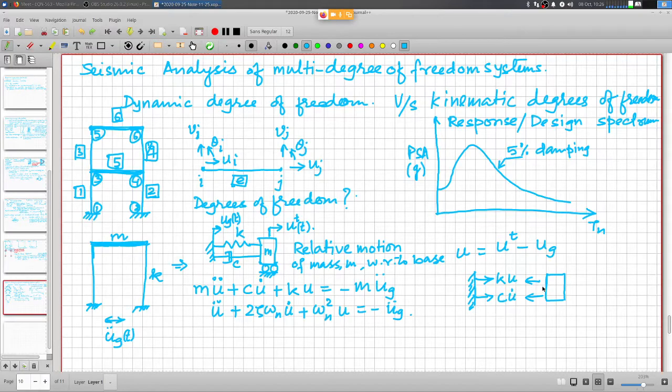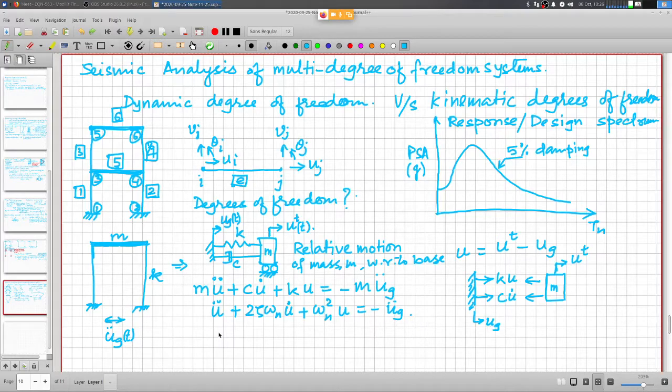Now these forces of course have to be balanced by the rate of change of momentum. So this is the mass and the total motion of the mass is u superscript t. That's the total motion, including the motion of the base.